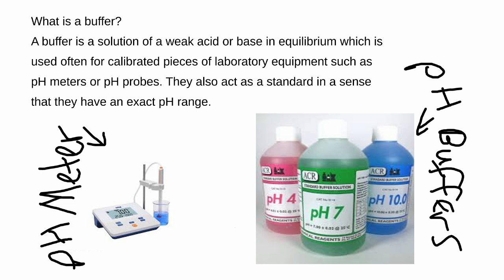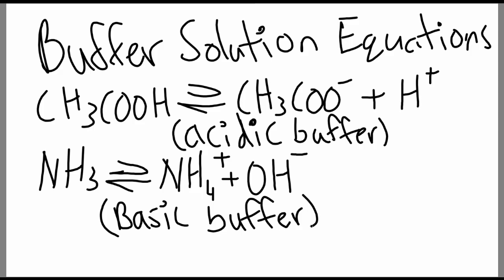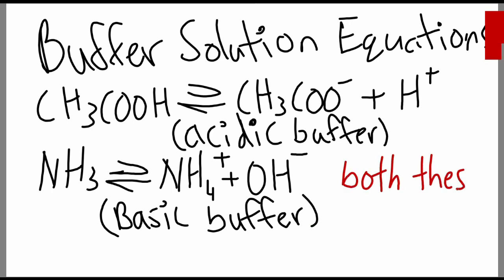They can also act as a standard in the sense that they have an exact pH range due to their equilibrium nature. The two main examples of buffer solutions that we see in our topic of acid-base reactions is the acidic buffer of acetic acid and the basic buffer of ammonia.